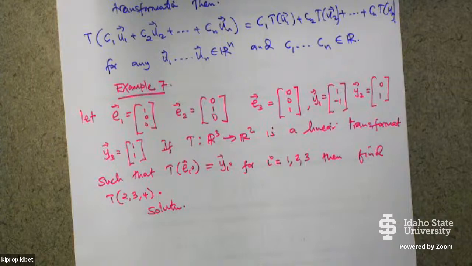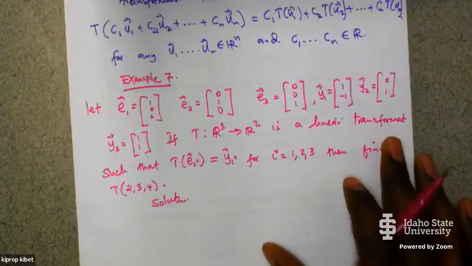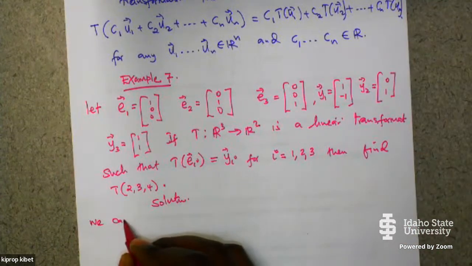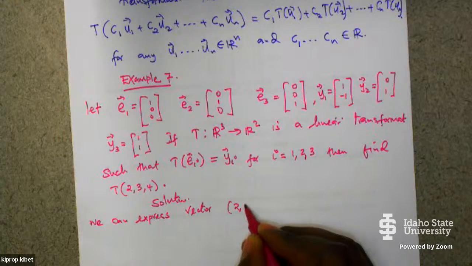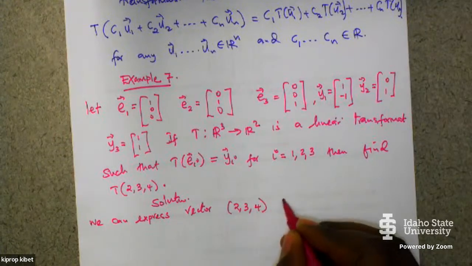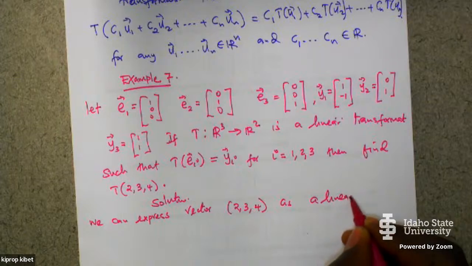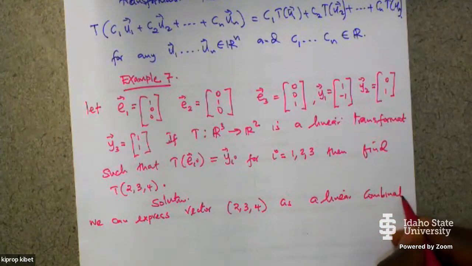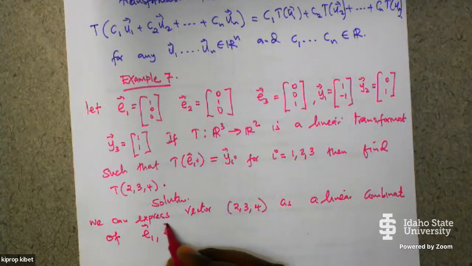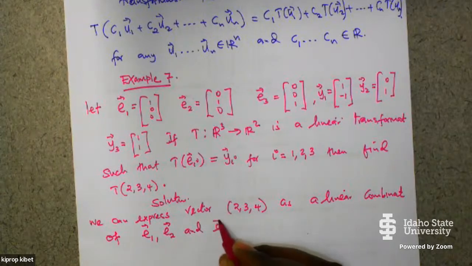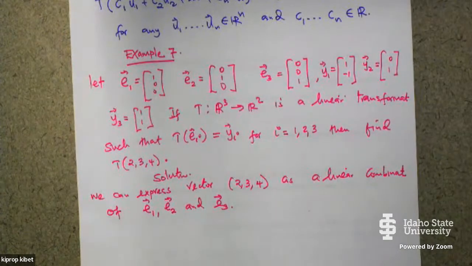We can express the vector (2, 3, 4) as a linear combination of E1, E2, and E3.